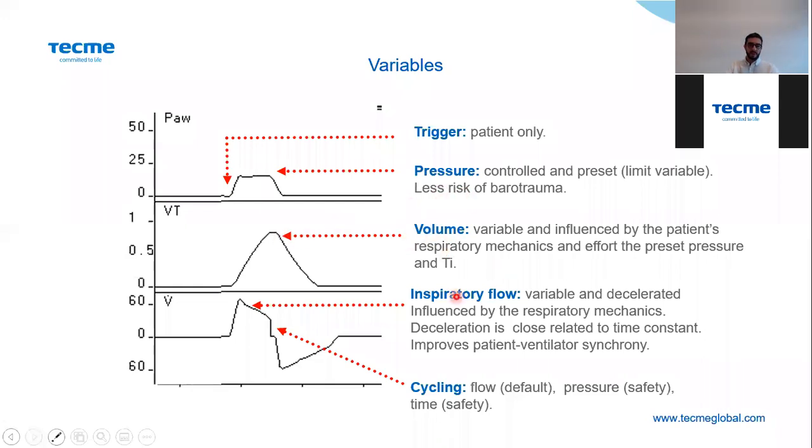Then the volume and the inspiratory flow will be variable and influenced by the patient's respiratory mechanics and the preset pressure. And the difference here is that the cycling is done by the patient. That's what we call the expiratory sensitivity. It's by flow, and now I'm going to explain it better.